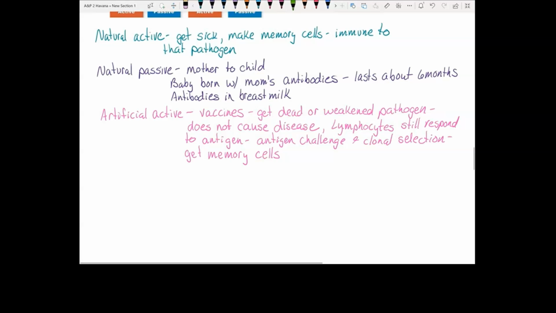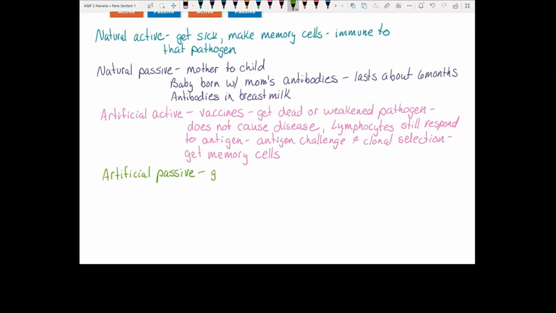And the last one is artificial passive. Okay, just like with natural passive, you're getting antibodies. In natural passive, the antibodies are naturally passed from mother to child.